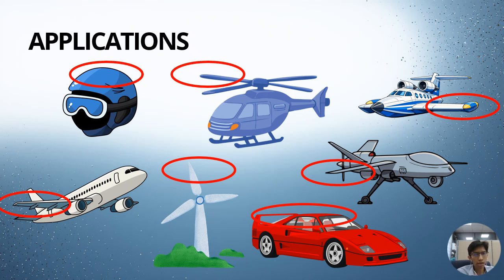Specifically on the cycling helmet, the most critical part of aerodynamic performance is at the top part, where the surface needs to be smooth, and in an aircraft it's at the aileron or the wing part, at the wind turbine it's at the blade, at the helicopter also at the blade, at the WIG it's at the wing, at the UAV at the wing, and at the sports car it's at the roof and also the spoiler.